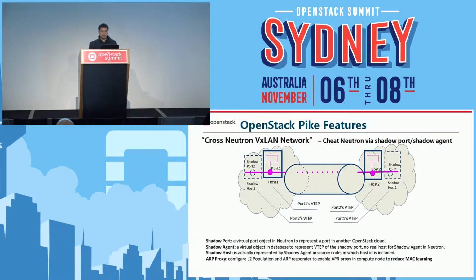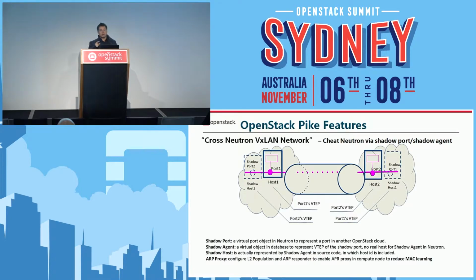In the Pike release, we introduced some new features. The first important feature is the cross-Neutron VXLAN network. We use a shadow agent and a shadow port to cheat Neutron. A shadow agent is an agent without a real host.